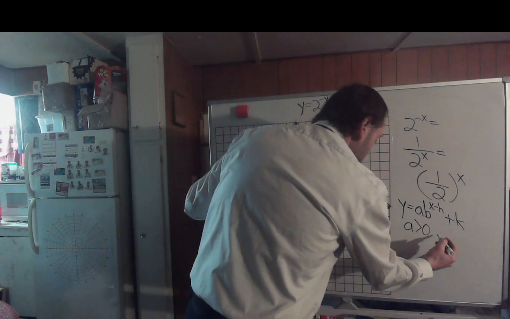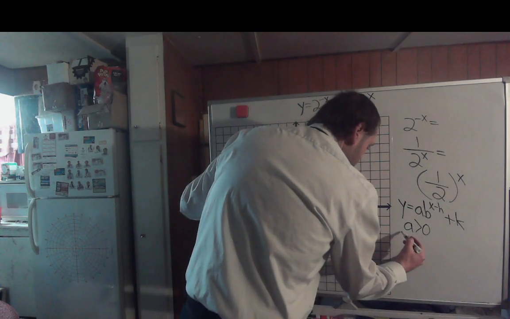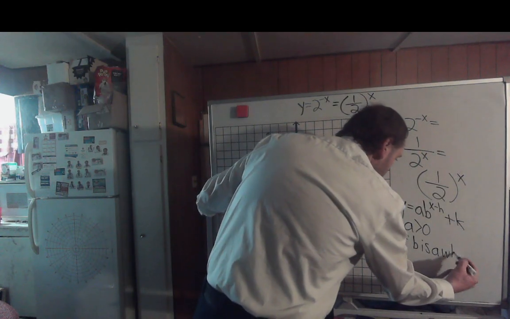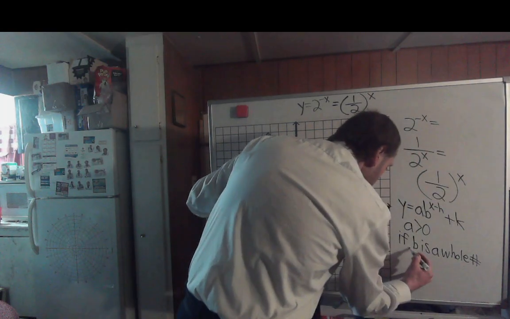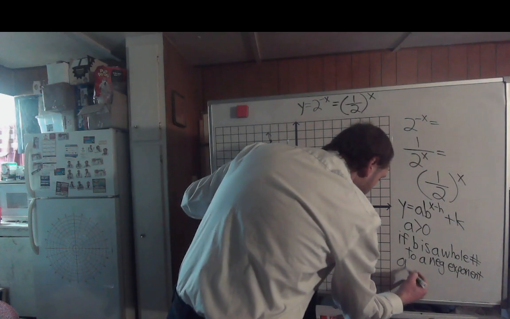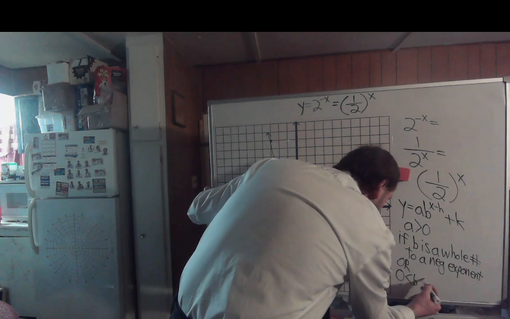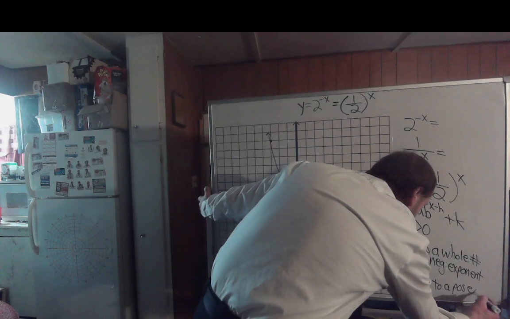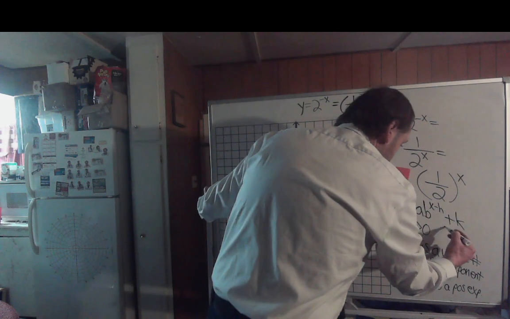But this time, if b is a whole number to a negative exponent, or 0 is less than b, which is less than 1, to a positive exponent, you have exponential decay.